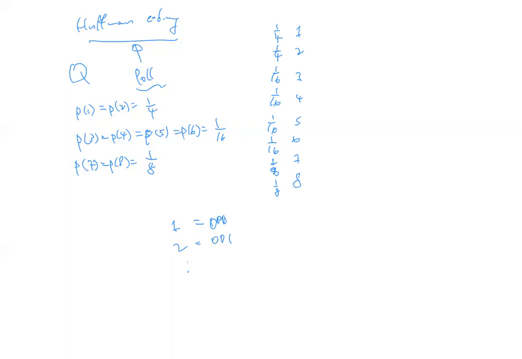Of course, this way I will need 3 bits to store the values from 1 to 8. However, this is not a very careful way of doing things, because some of the outcomes are more likely to happen, or happen more frequently. And for those outcomes, I should assign a shorter code word, right?